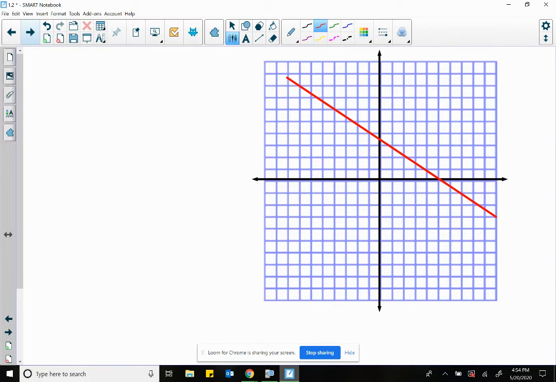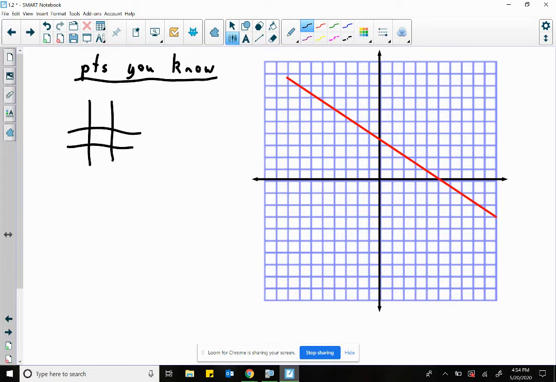Okay. So when I talk about the graph and when they give you a graph, what I'm going to ask you to do is I want you to find points you know. Find me points that you know. And what I mean by that is when you look at a graph, points that we know versus points that we don't know.